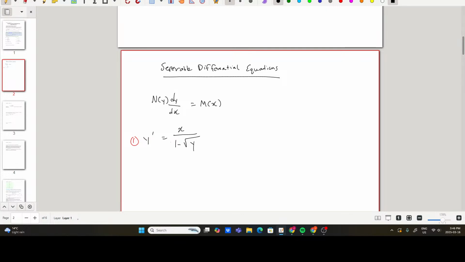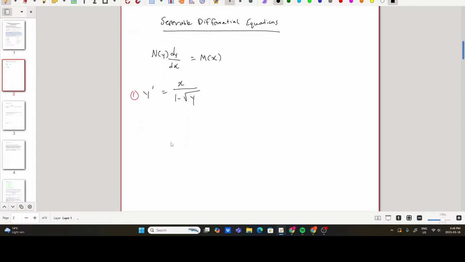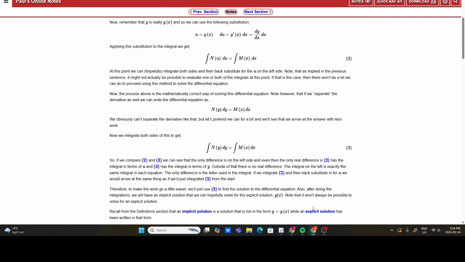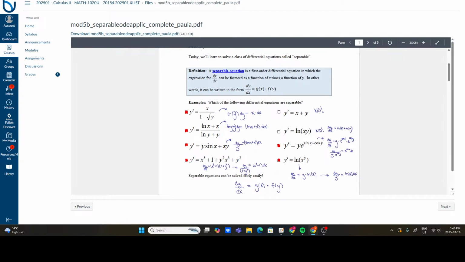Is this separable? Can I divide this side by 1 minus root y? Yes, I could. So if I have y prime over 1 minus root y, I have my x on one side and the y's on the other, which makes it definitely separable.